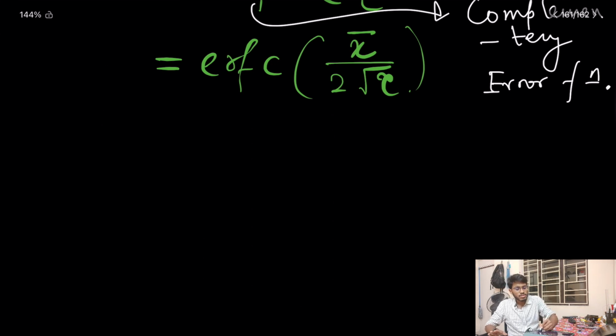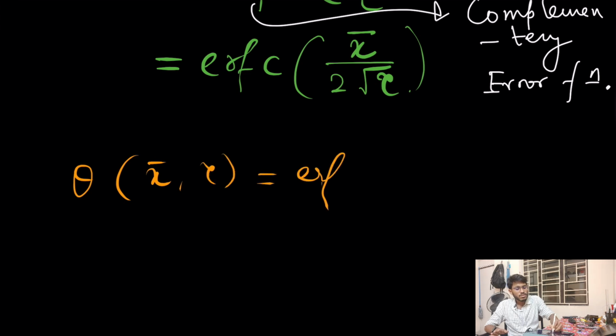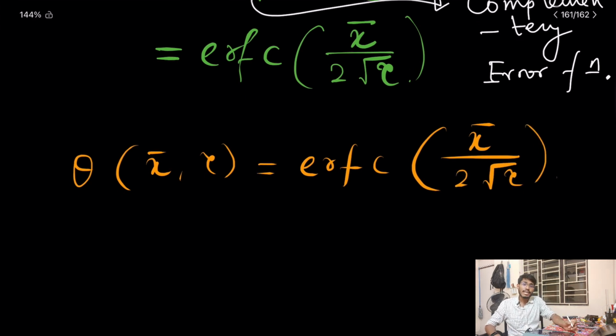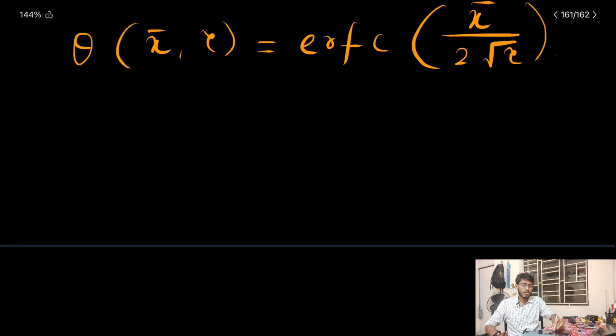So that means my solution of theta, that is a function of x bar comma tau, is equal to ERFC, the complementary error function of x bar by 2 into root tau, clear. This is the exact solution, okay.